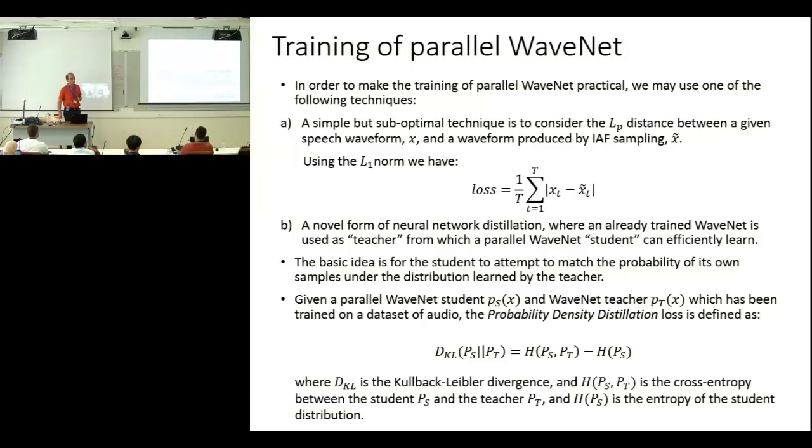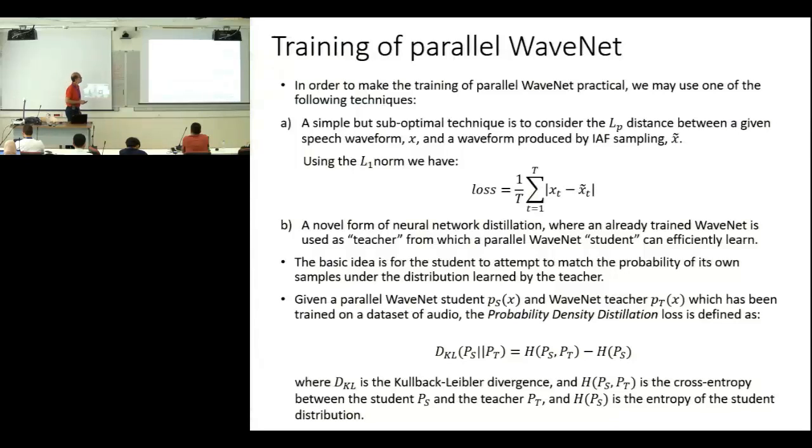However, comparing samples of the output of the network directly with the target speech is a very poor measure, and if you train a network with that, it produces muffled speech. So this is a very, very simple loss function, and you can, for example, test if your network works using it, but the quality is not good. So if you want to synthesize excellent quality speech, certainly this loss function is not the best idea.